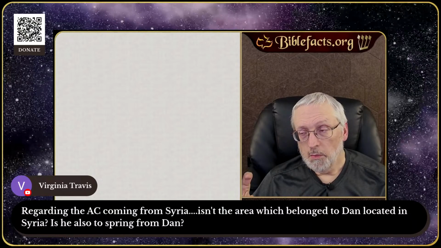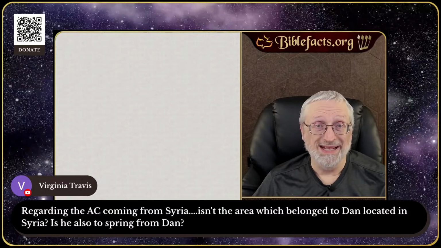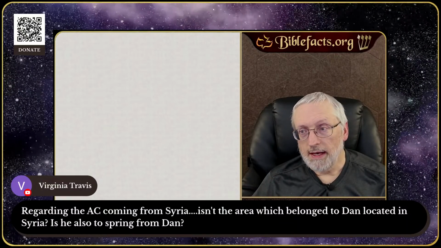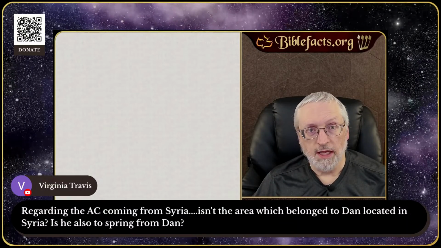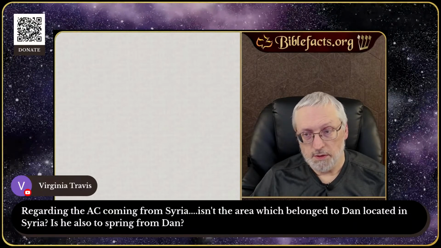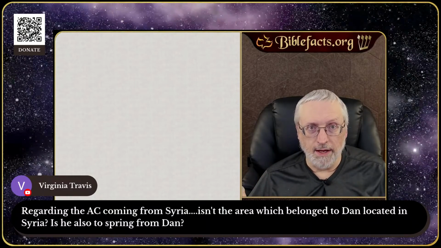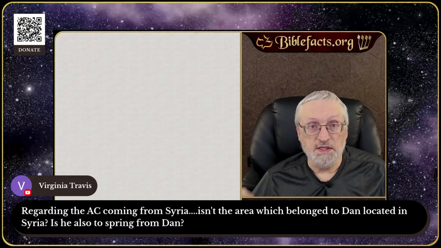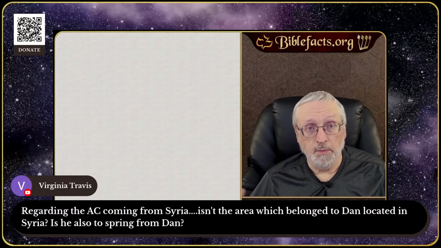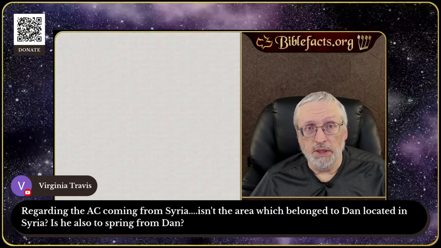They moved, but one of their places was the northern part, the area of where Tel Dan is at. And that area is a little piece of Lebanon, part of northern Israel, and a little piece of Syria. So it's that area up there. So as far as coming from Dan, some people say that he's a descendant of some person who's from the tribe of Dan, which may or may not be.